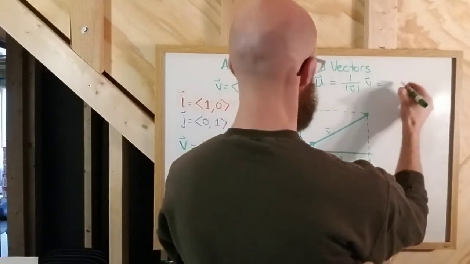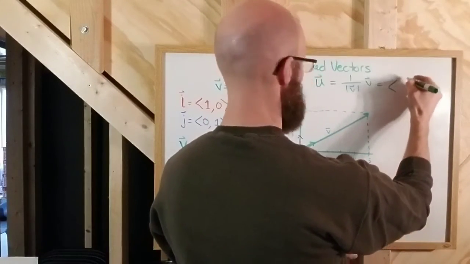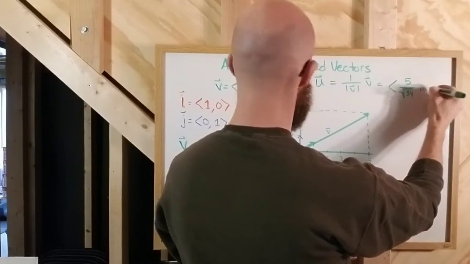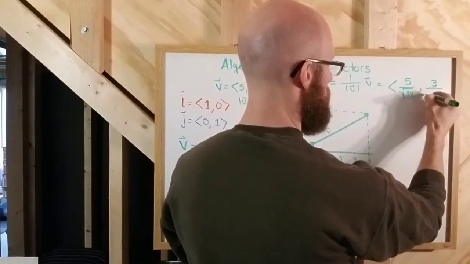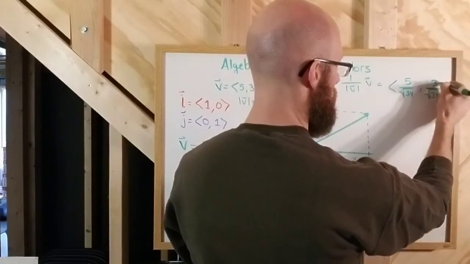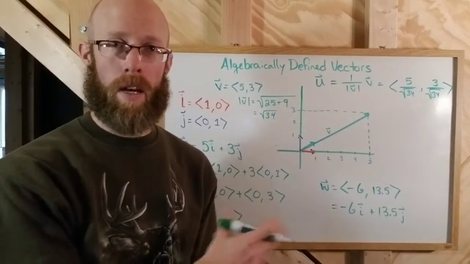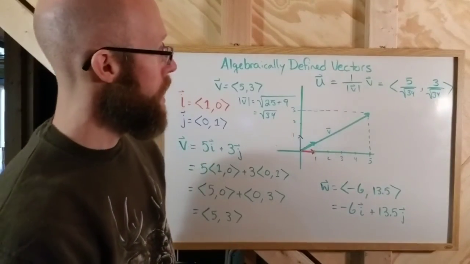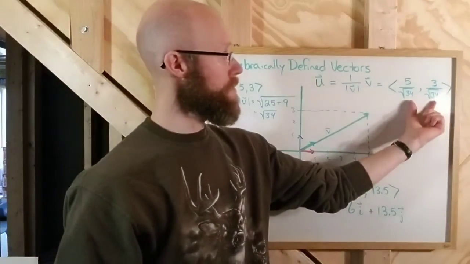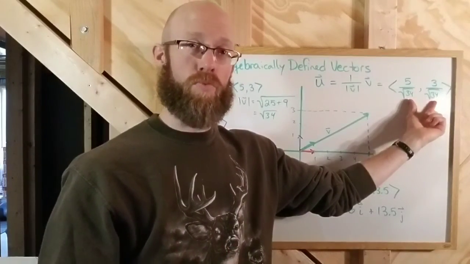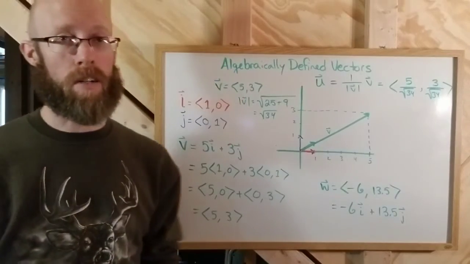So I'd have as my unit vector <5 over root 34, 3 over root 34>. And of course you could rationalize those denominators if needed. I'm not going to go through all that work right now. But this vector then has a magnitude of 1 and is in the direction of my original vector v.